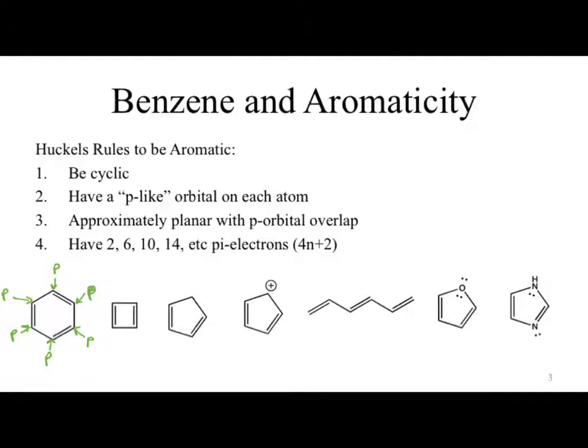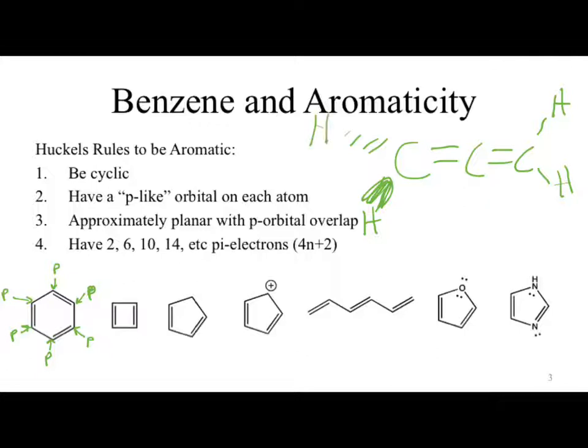Our third rule is that we have to be approximately planar. We need to be planar so that the electrons from one p orbital can overlap with the next. If you vaguely remember, we looked at what's referred to as cumulene, and one of the questions I asked a long time ago was, are our hydrogens in the same plane or different planes?